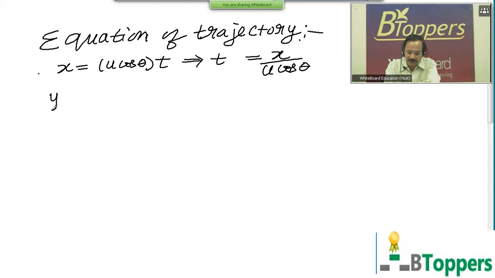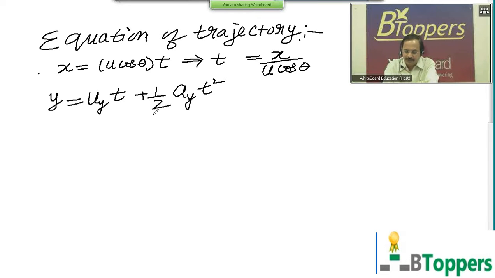The equation for displacement in the vertical direction in time t is given by y equal to u_y into t plus half a_y t square. Here we have used the equation s equal to ut plus half at square for motion in the vertical direction.